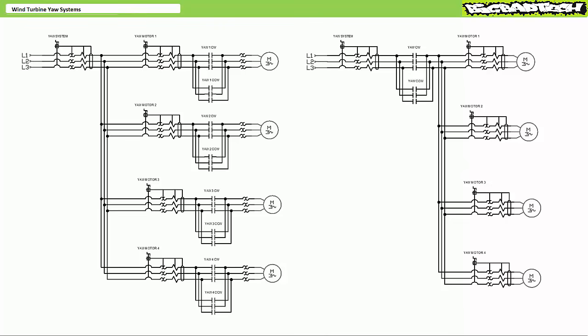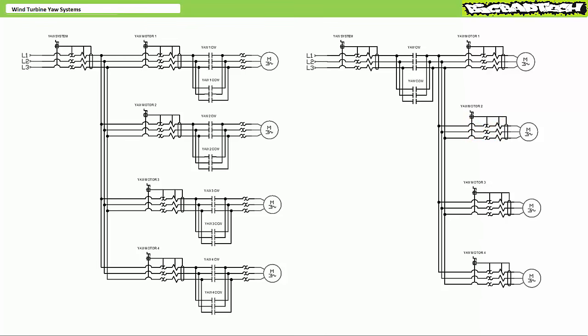Rather than including a paired reversing contactor arrangement for every single motor, this particular implementation uses a single paired reversing contactor that makes and breaks connection to all yaw motors simultaneously. It makes sense, because when you want the turbine to yaw clockwise, you want all motors going clockwise and vice versa. In this implementation, you can still de-energize the complete yaw circuit using the upstream manual motor starter, and you can still selectively de-energize individual motors using their particular manual motor starter.